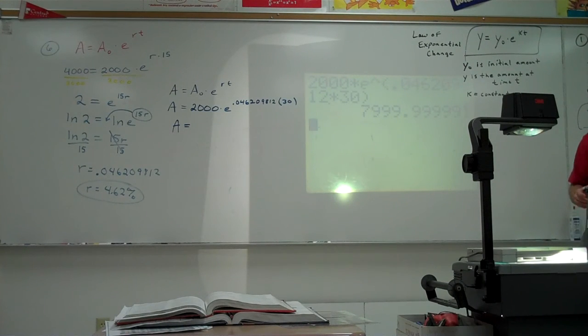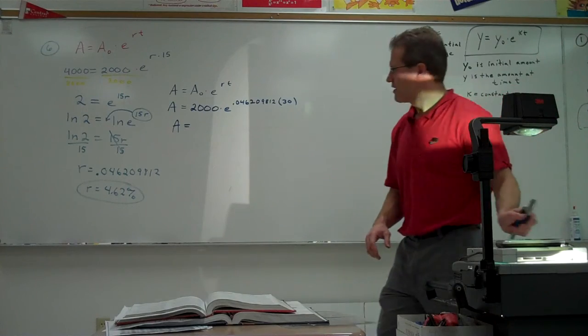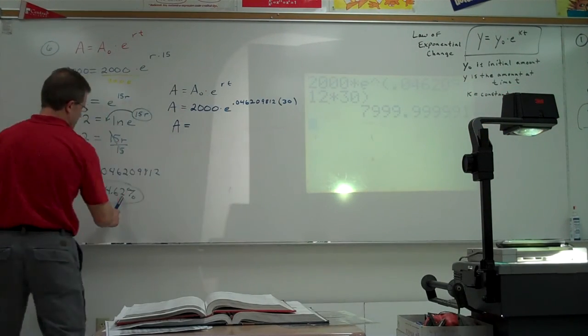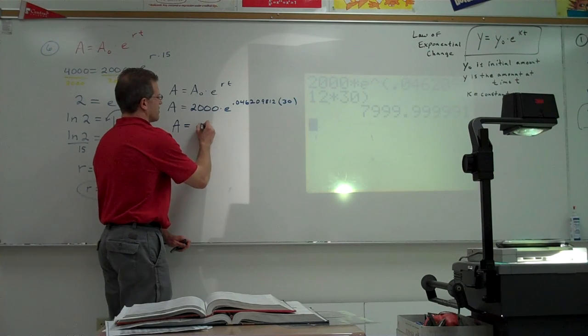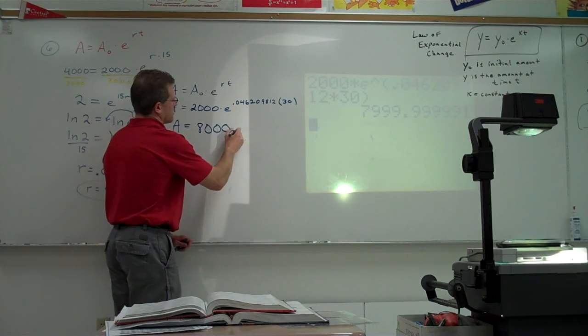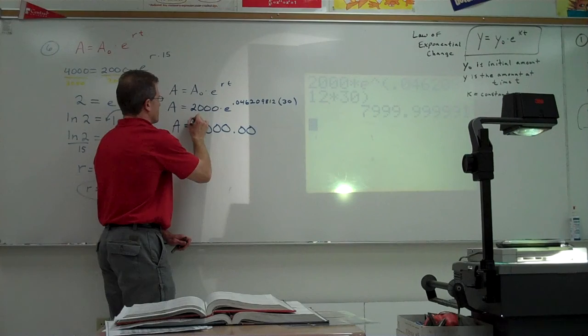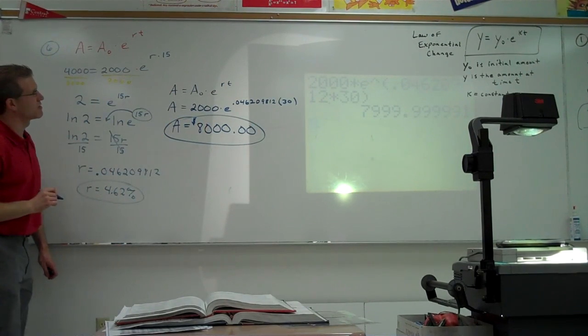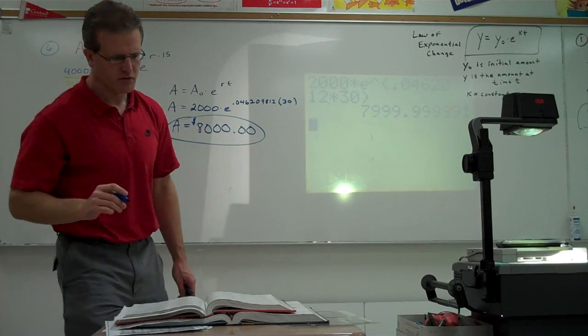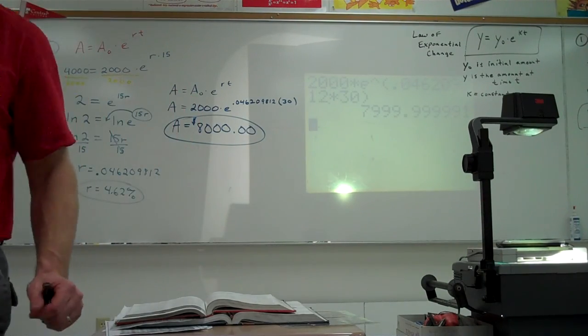Rounded to the nearest penny, that would be what? $8,000. So at 4.62% interest, compounded continuously, after 30 years, you're going to have $8,000. That's part 2 of number 6 on lesson 6.4. Any questions about that?